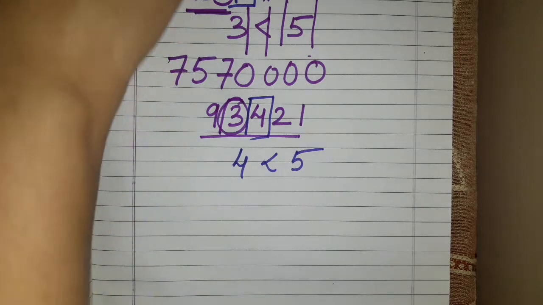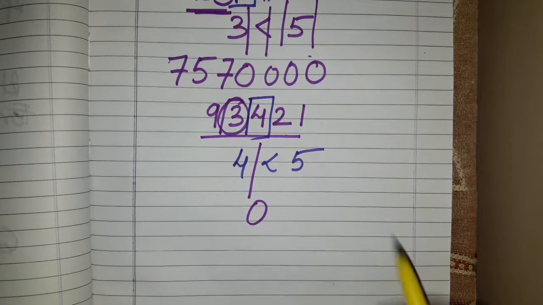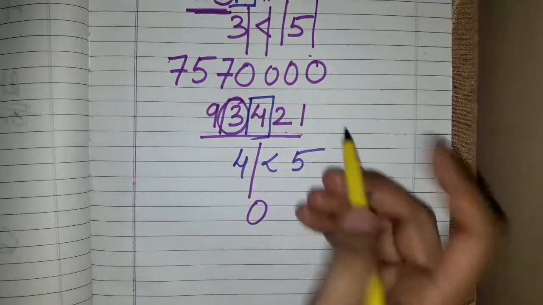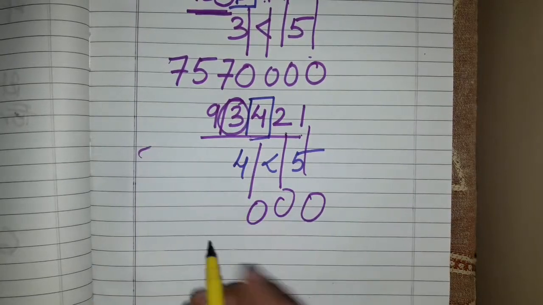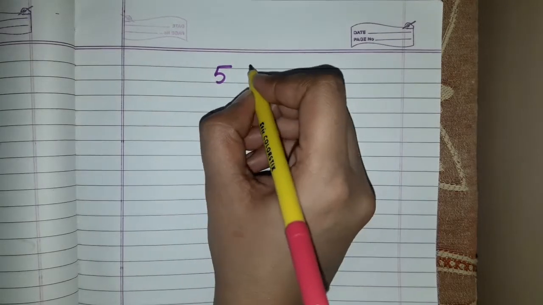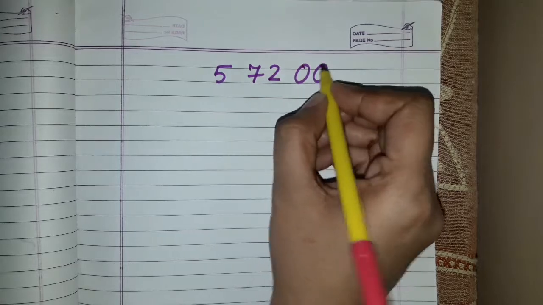Now what will happen? This will become 0. The rule is, if the digit is less than 5, it will become 0. And all the digits which are mentioned after it will become 0. And the ones before will remain the same. It is 5, 7, 2, 0, 0, 0.